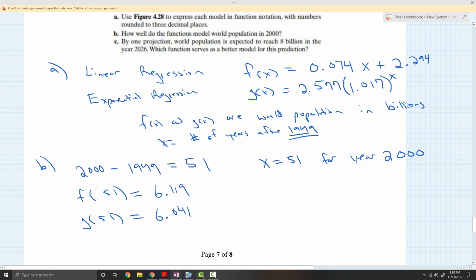Right? So f of 51, of course, would look like 0.0774 times 51 plus the 2.294, right?